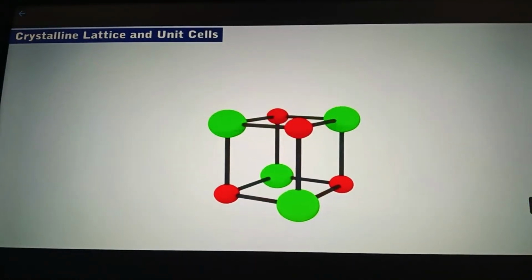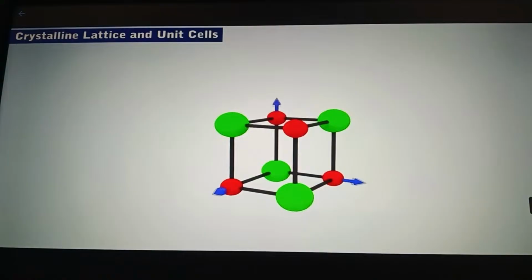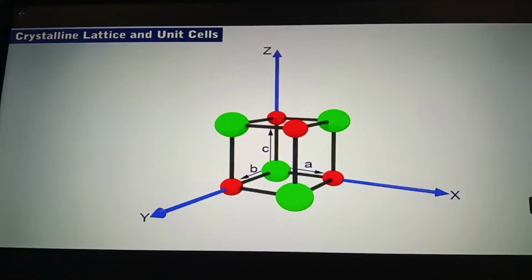A unit cell is characterized by distances A, B, and C along three edges, and angles alpha, beta, and gamma between pairs of edges.